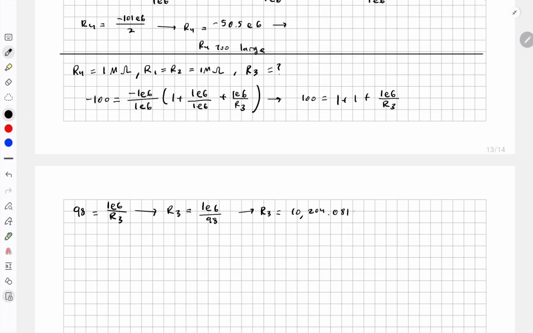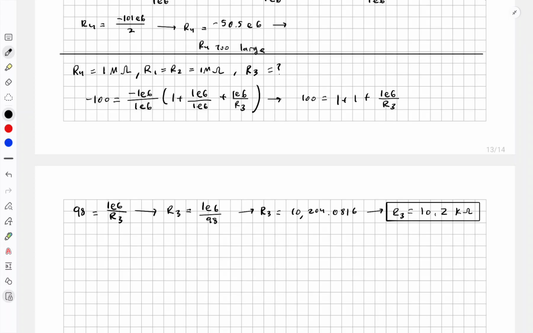Okay, so R3 is equal to 10.2 kilo ohms, and 10.2 kilo ohms is less than 1 mega ohm. So this circuit configuration works. R1 is equal to R2 is equal to R4. They are all 1 mega ohm except for R3, which we set to 10.2 kilo ohms. So this fulfills the requirements.